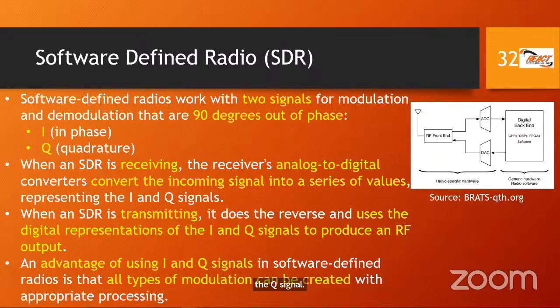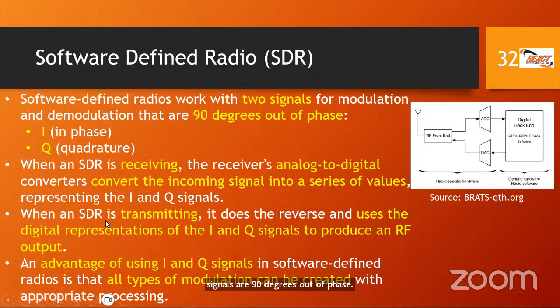So when an SDR is receiving, it is the receiver's analog to digital, or what we call sometimes A to D, analog to digital converters, that converts the incoming signal into those ones and zeros, or series of values, and those are what represents the I and Q signal. So you'll see a slide shortly showing that those two signals are 90 degrees out of phase.